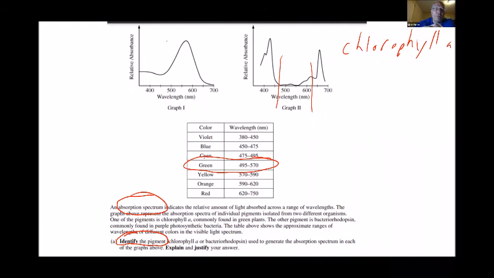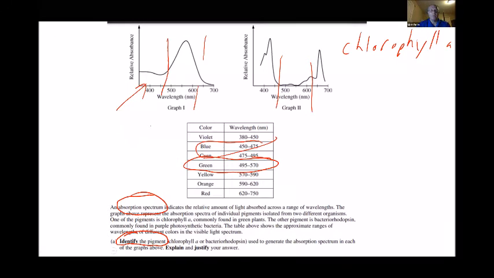So this one's absorbing green and yellows, but it's reflecting the 400 band, which is bluish. It also seems to be reflecting around 700, which is reddish. So if you've got red and blue together, what do you see? Purple. So this is bacteriorhodopsin.